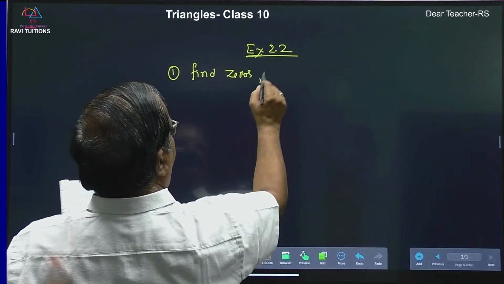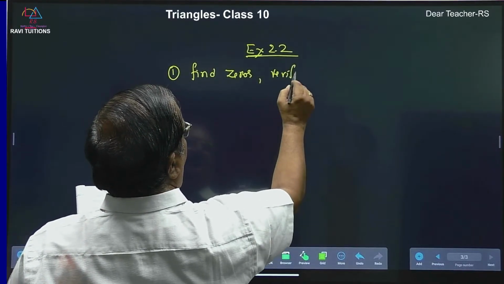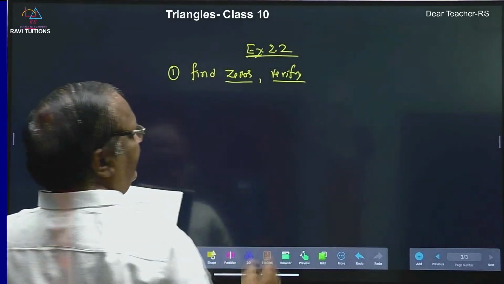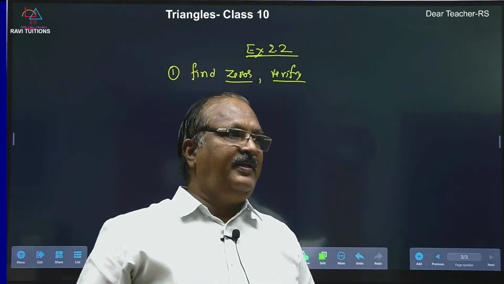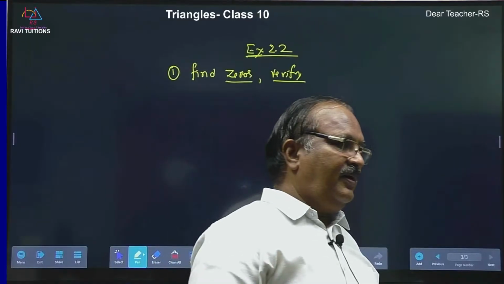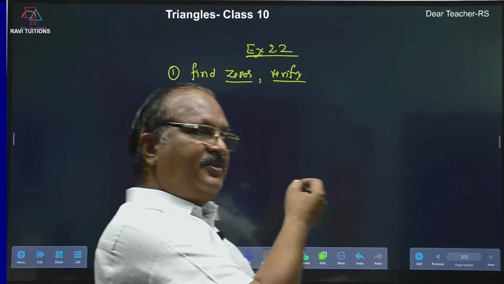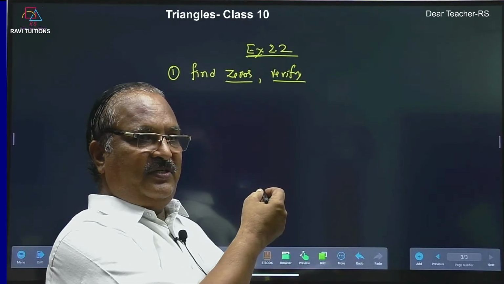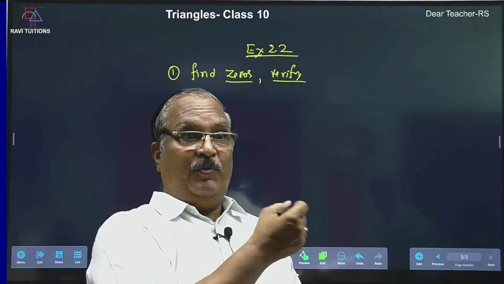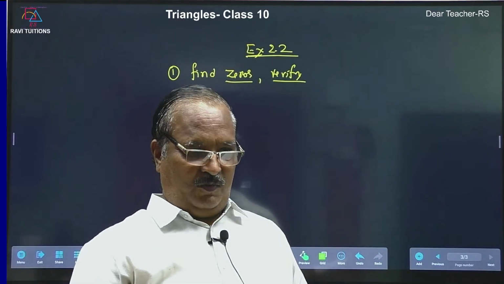And verify. This is the second task. Two tasks are there. Verify the relationships. You have to find the zeros. Easy question, huh? Take your notebook for polynomials.